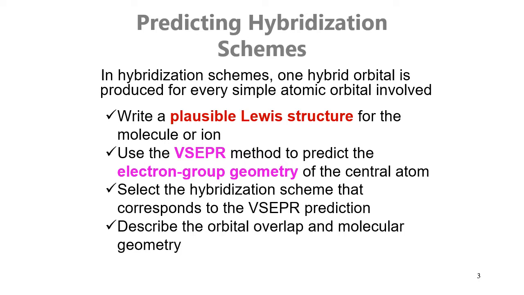Third, select the hybridization scheme that corresponds to the VSEPR prediction. And lastly, describe the orbital overlap and molecular geometry. So these are the 4 steps that we can use to predict hybridization schemes.